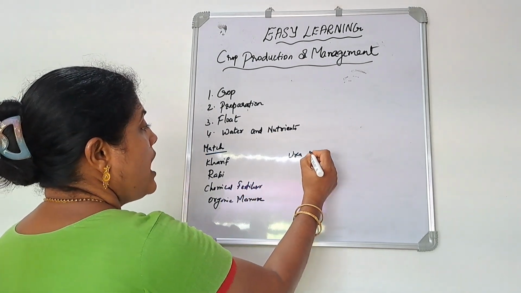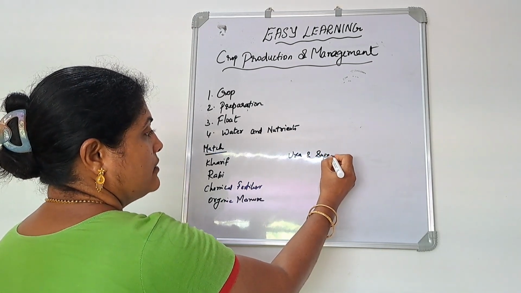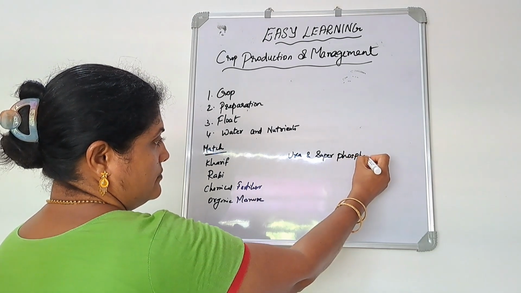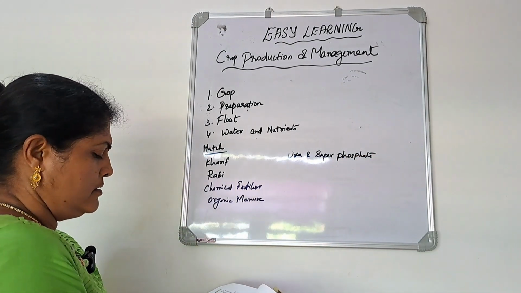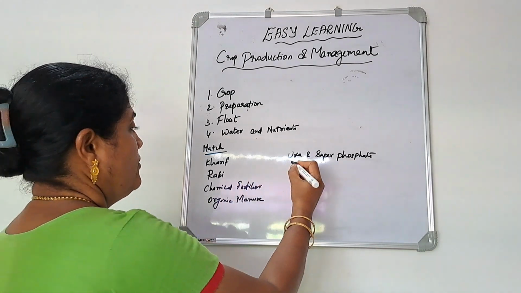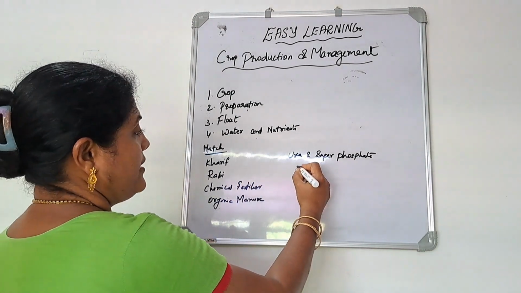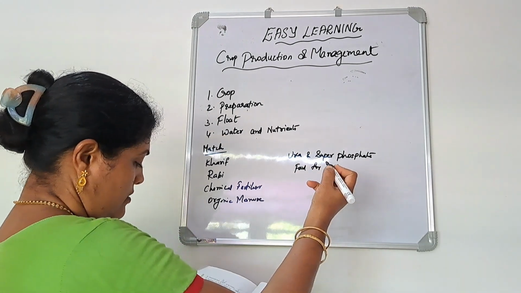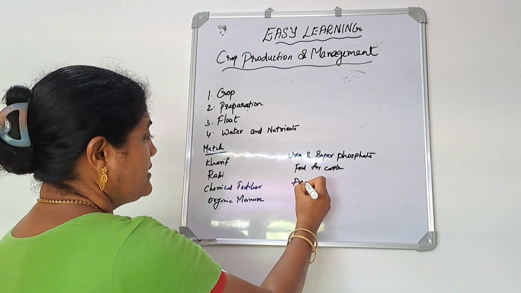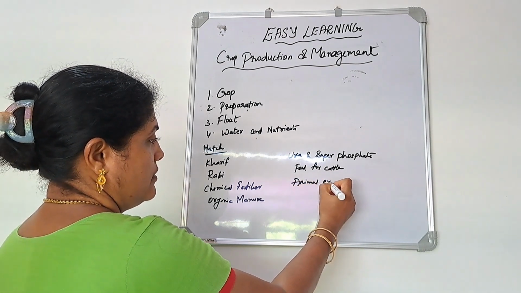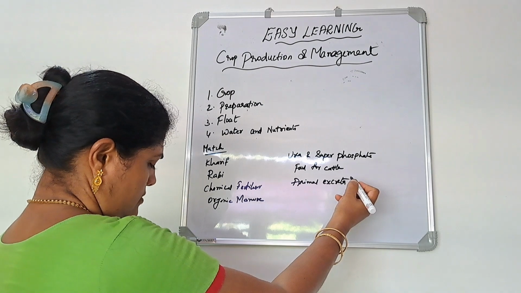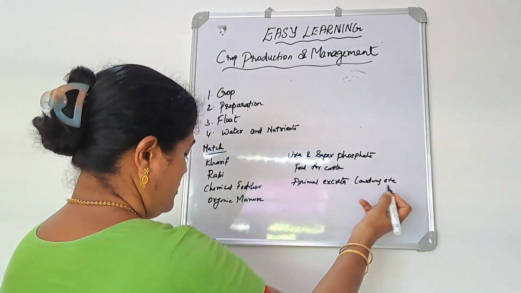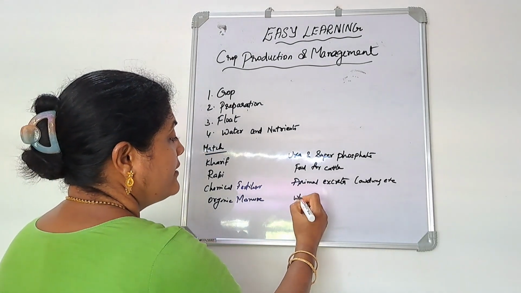First one, urea and superphosphate. Second one, it is food for cattle. Third one, it is animal excreta, cow dung, etc. Fourth one, it is wheat, gram and peat.